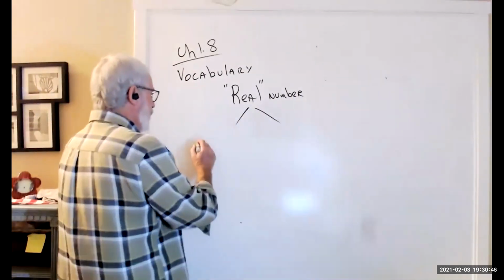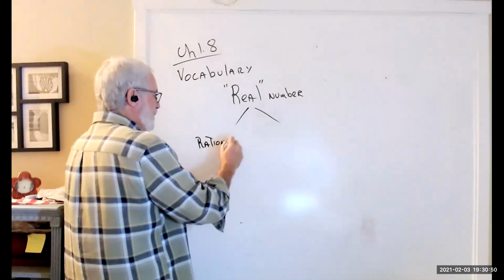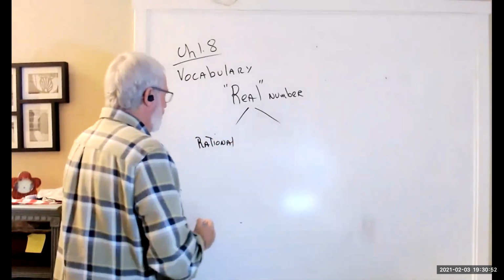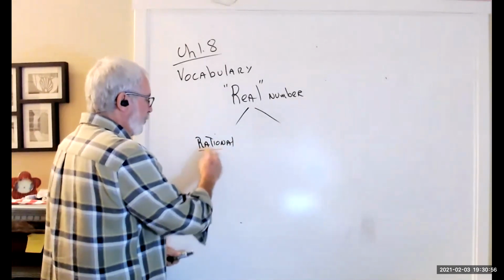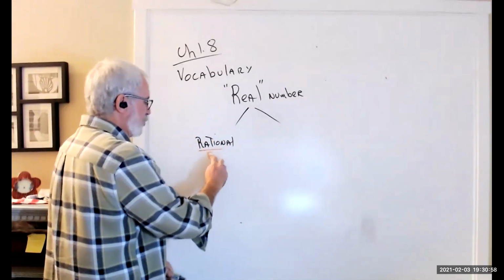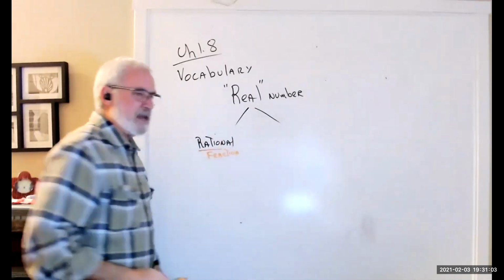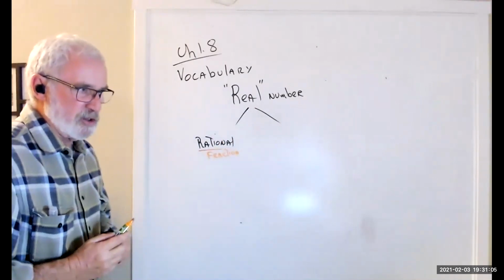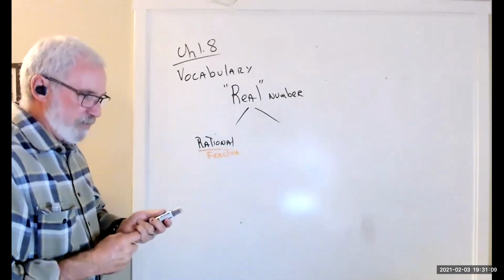The first category is called a rational number, which we talked about last night. The root word of rational was ratio, which means fraction. So if a number can be expressed as a fraction, then it's called a rational number.